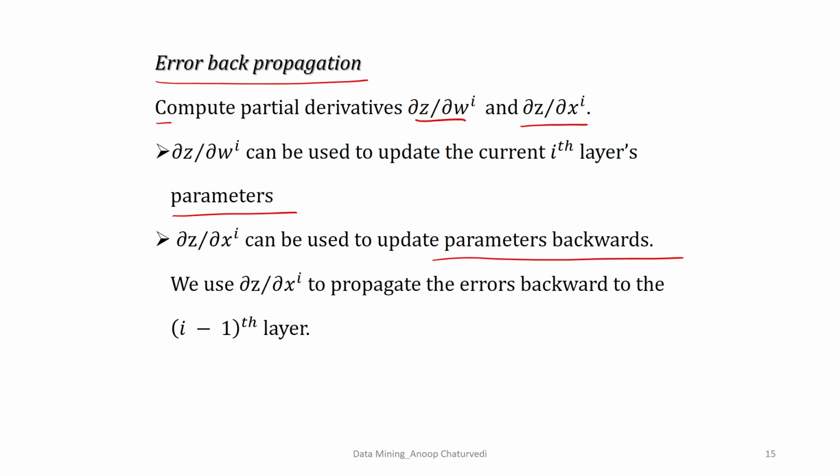And we use this del Z over del Xi to propagate the errors backward to the i minus 1th layer. Of course, here I am not going into much details, but these are the steps for error back propagation algorithm.